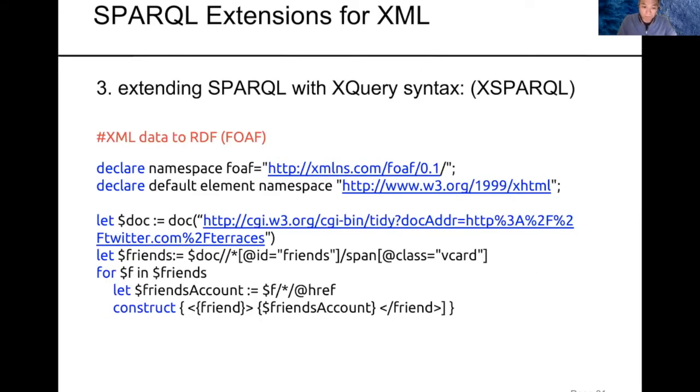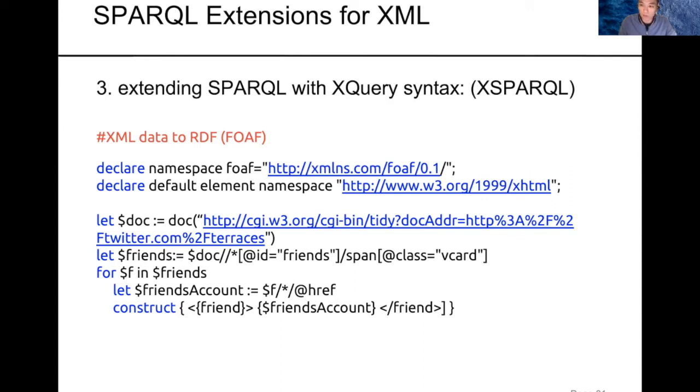Okay, here in this example, we are following the instruction to extend Spark with the XQuery syntax, right? And first, we declare 2 namespaces, friend of a friend and an element namespace, right? And here we have a temporary variable doc.